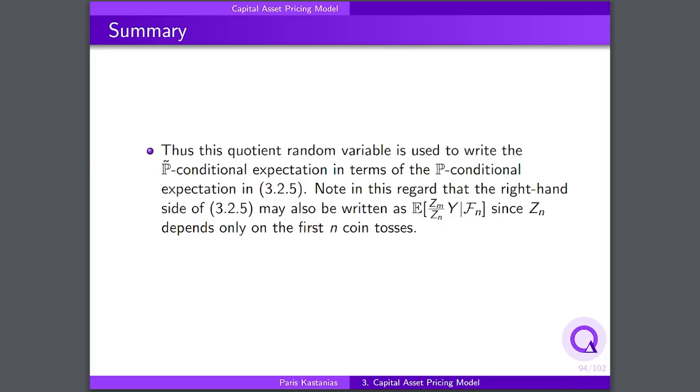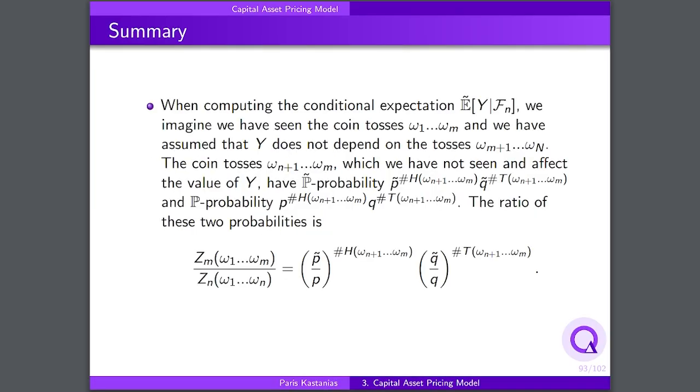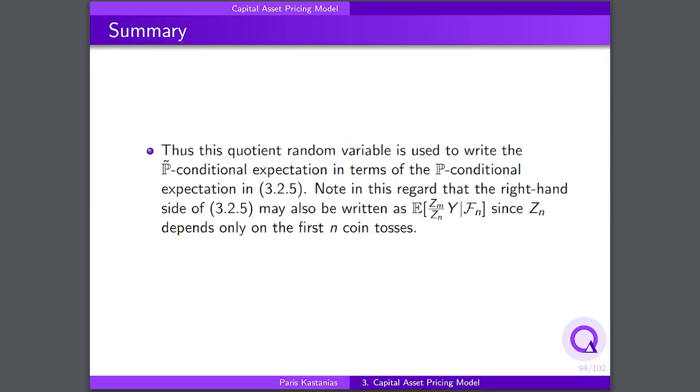Thus, this quotient random variable is used to write the p tilde conditional expectations in terms of the p conditional expectations. Note in this regard that the right-hand side of the formula up there may be written as that. So this one can be written as the expectation of Zm divided by Zn times Y, since Zn depends on only the first n coin tosses.